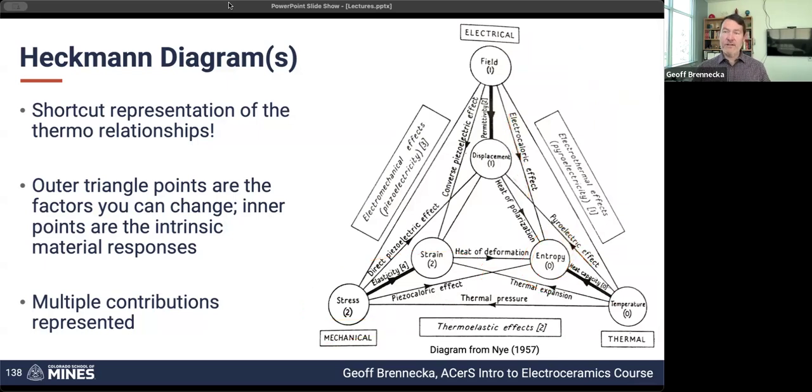Another fun use of this, and we will get into this in more detail on Tuesday, but I want to show you another example of how this can be valuable. If we want to look at, let's say, the direct piezoelectric effect between stress and displacement, the shortcut for that is just along this arrow. Great.